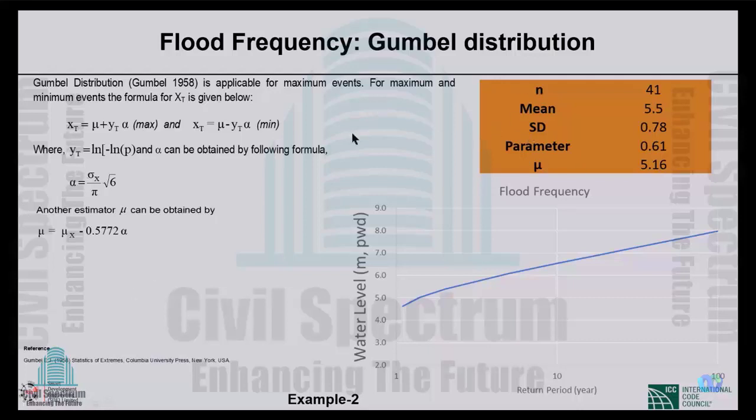But one thing you want to see is the return period, 1 in 10 year, 1 in 100 year. For the 100 year return period, approximately 8 meters is the maximum water level. So if you fix your 100 year return period for Dhaka city, the southern portion, you have to go for 8 meters.